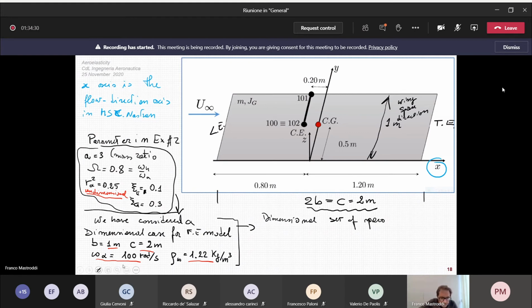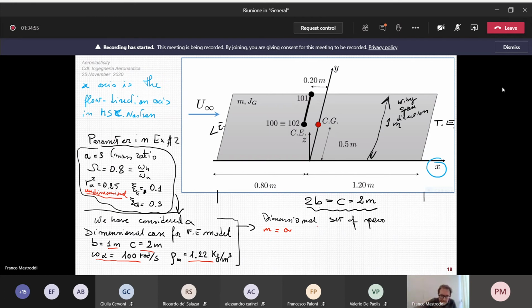For example, we can evaluate the mass per unit length of my structure. In fact, we have the nondimensional A equal to 3, and remember that A is the ratio between the structural mass and the fluid mass, like the cylinder.